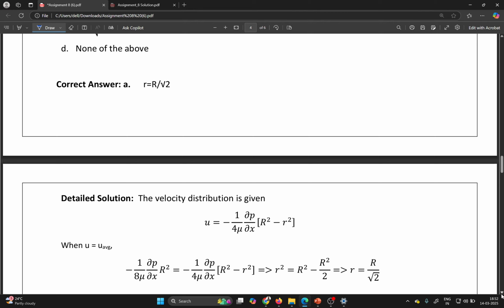Here you can see the parabolic profile, you have this equation. For the average, you have this expression 1 by 8 mu del p by del x R square. The question is at what point these two values will be equal.